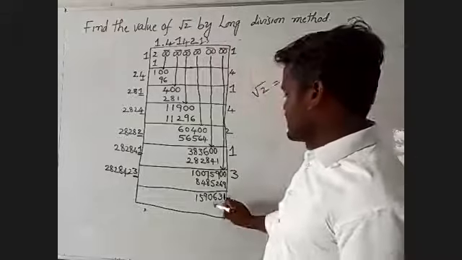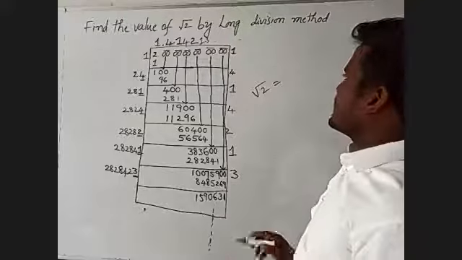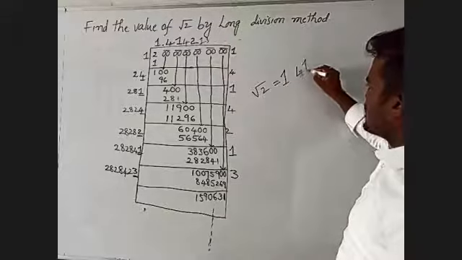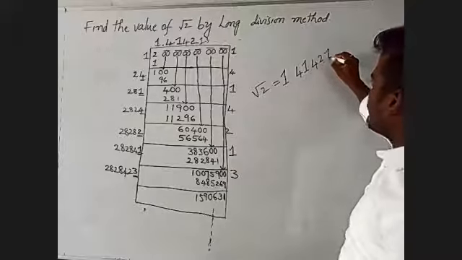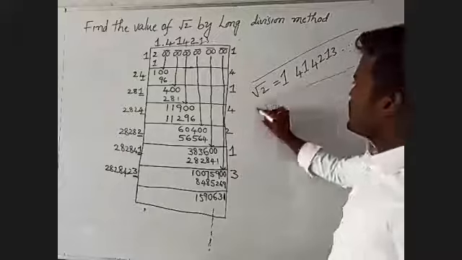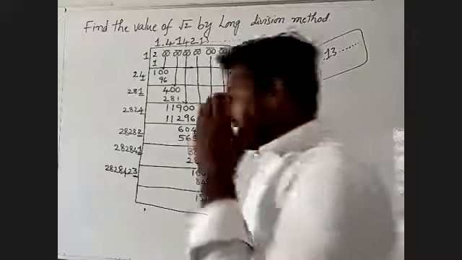This is still not ended. That is, root 2 is equal to 1.414213 and so on. This is the value of root 2 by using the long division method.